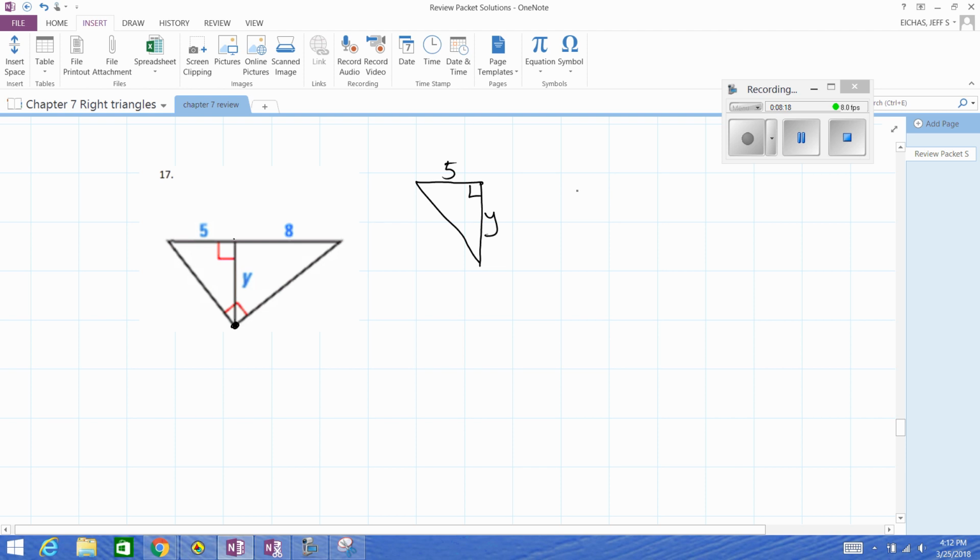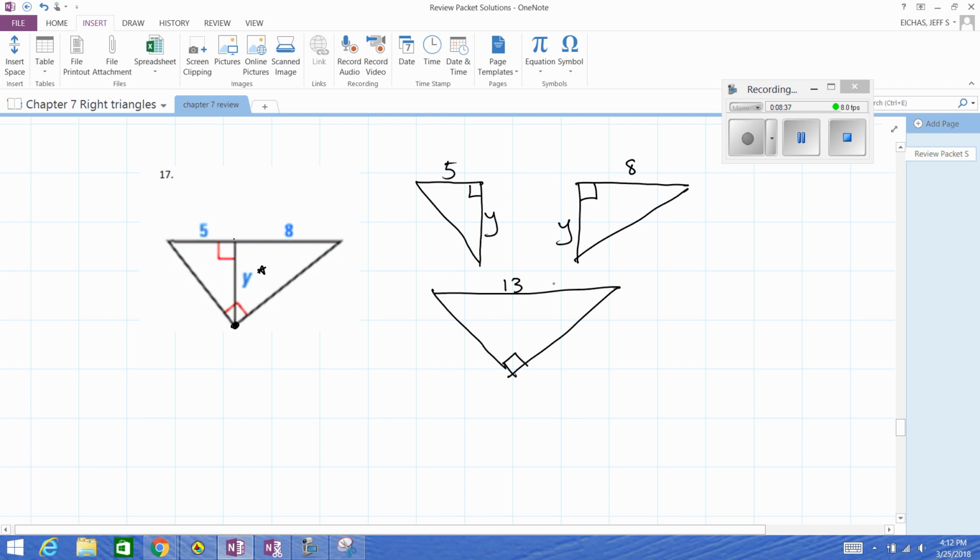I'm going to separate this medium-sized right triangle with the 8 and the y. Now, there is one big triangle as well. We won't use it, though, in this problem, but there's a big right triangle right here with a 13 at the hypotenuse.